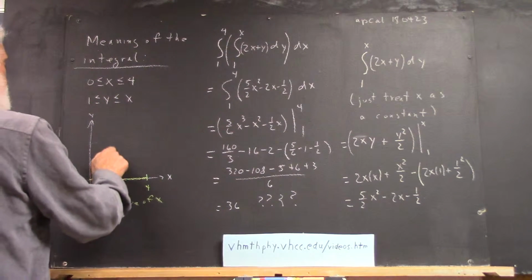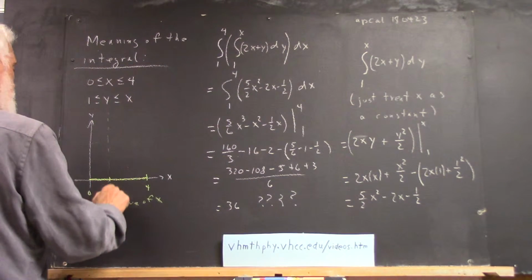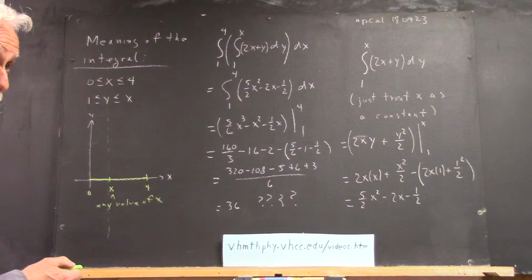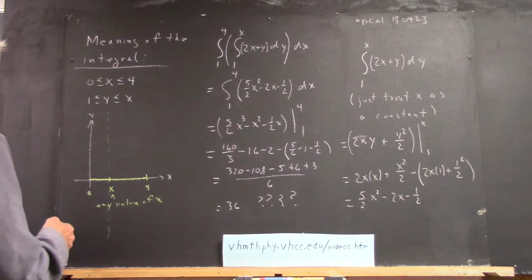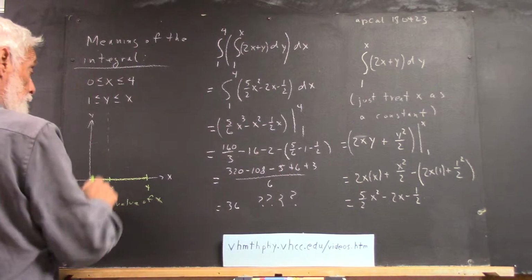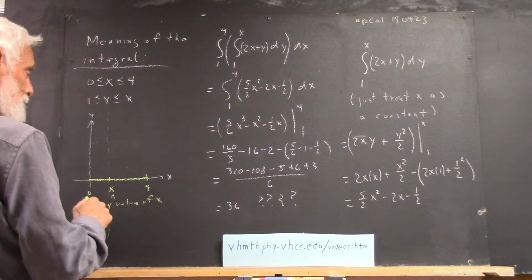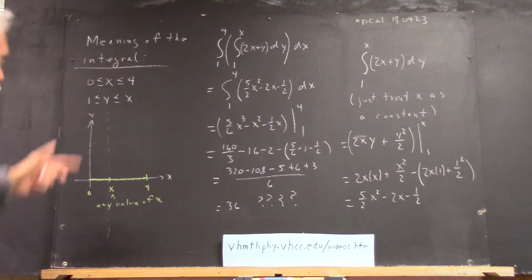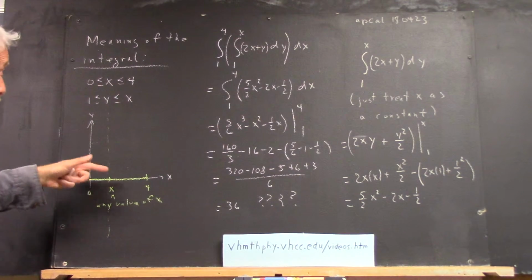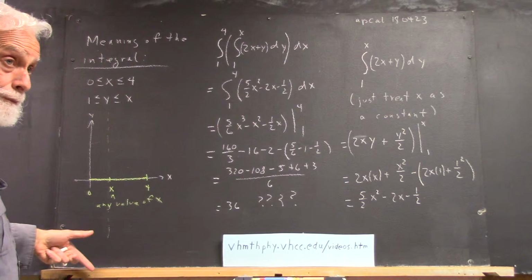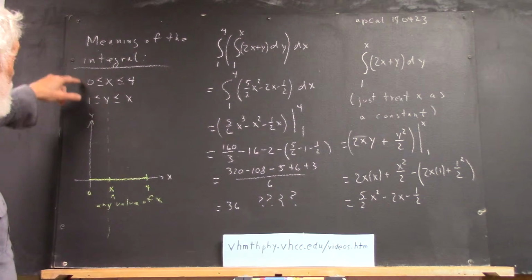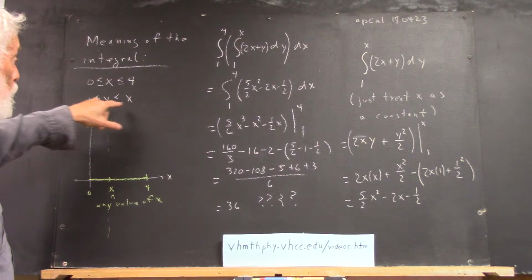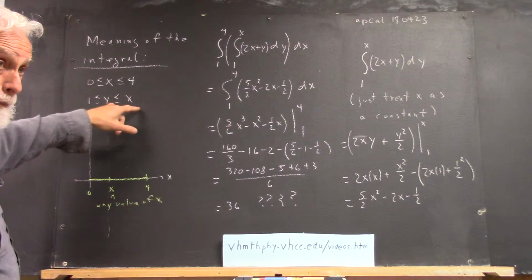Okay, so all your points with this specific value of x lie on this vertical line, okay? The points that correspond to this integral lie between y value 1 and y value x, right?